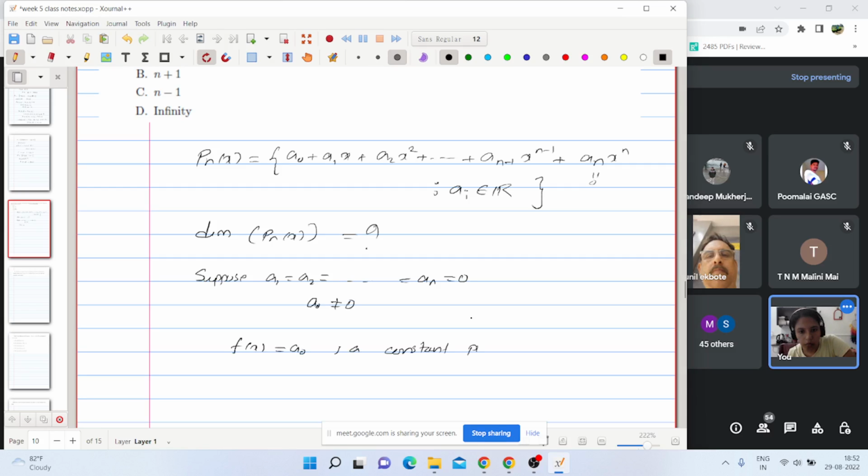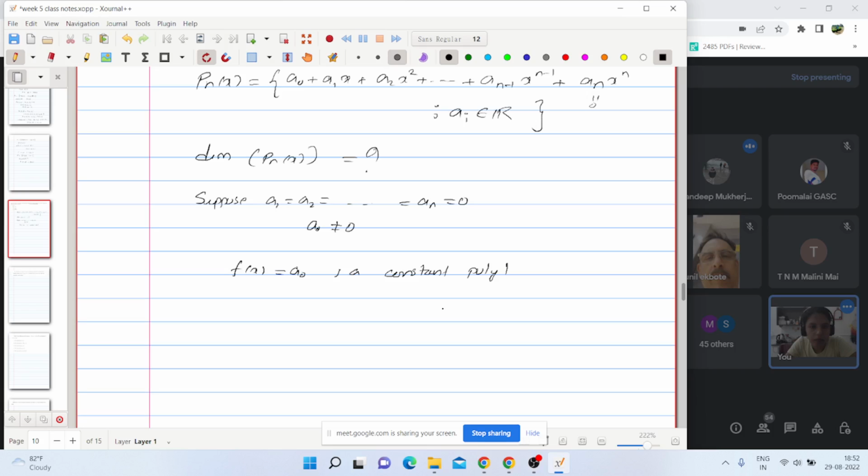Can you tell me about any element which generates the constant polynomial? If we have one constant polynomial, we need a basis element which spans the constant polynomial. Can you think of such an element?